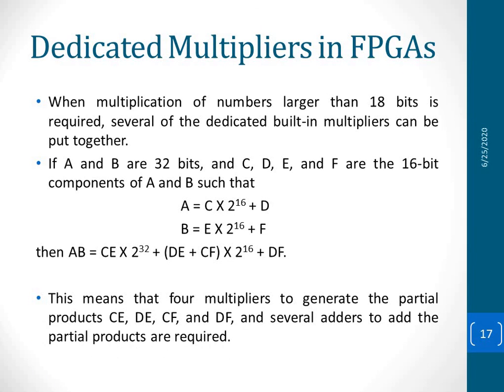This means 4 multipliers to generate the partial products CE, DE, CF and DF, and several adders to add the partial products are required.